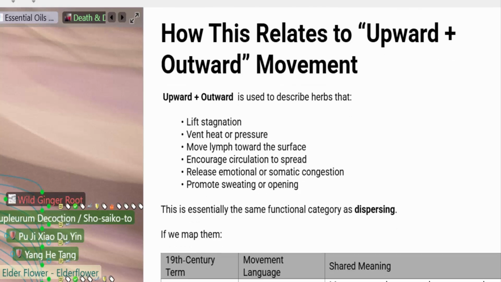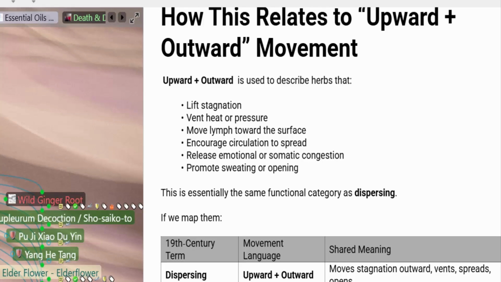So upward and outward is used to describe herbs that lift stagnation, vent heat or pressure, move lymph towards the surface, encourage circulation to spread, release emotional or somatic congestion, promote sweating or opening. And this is essentially the same functional category as dispersing.